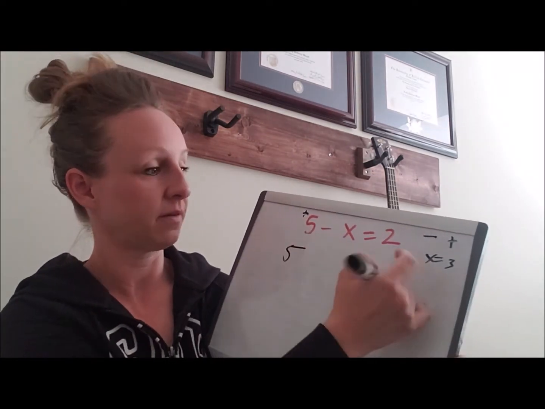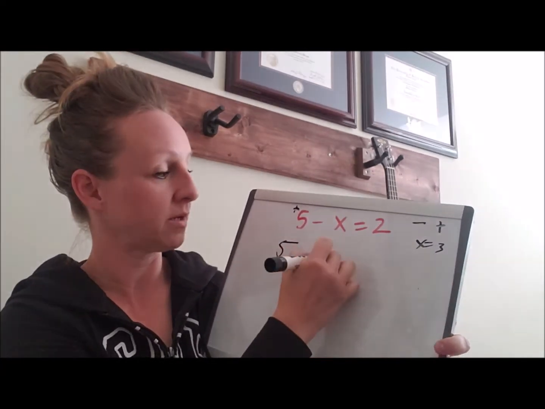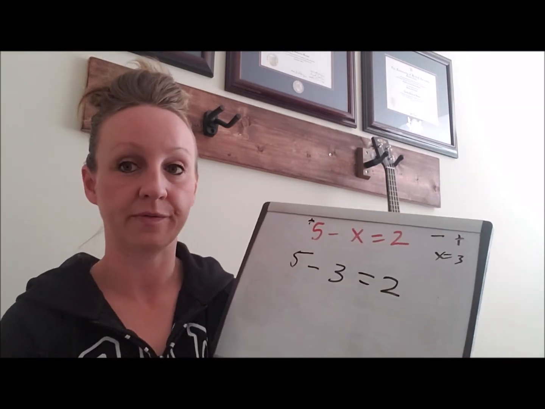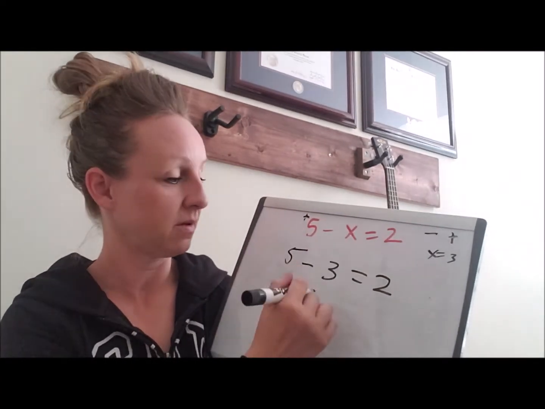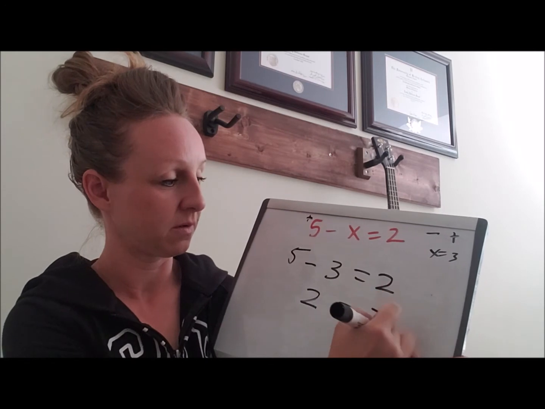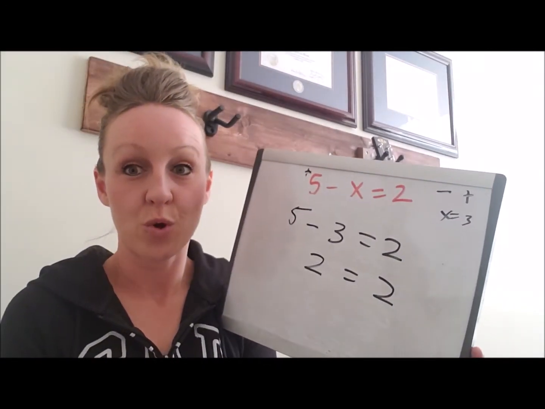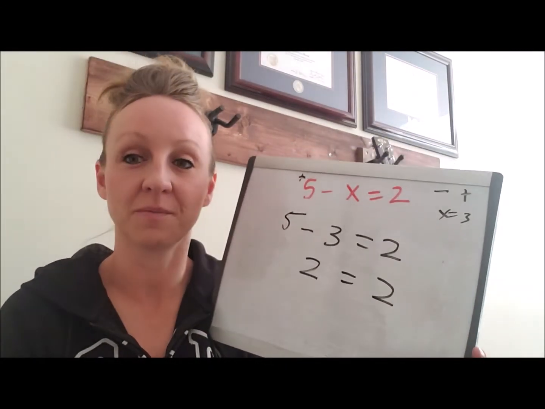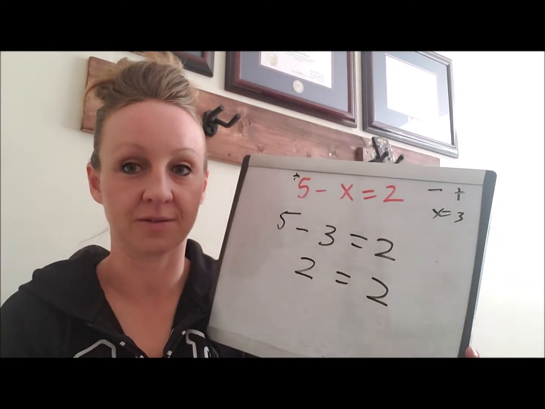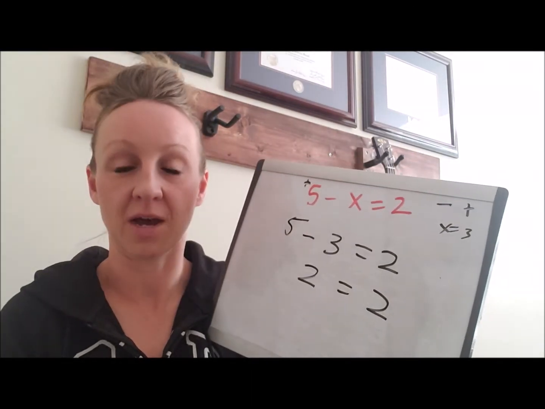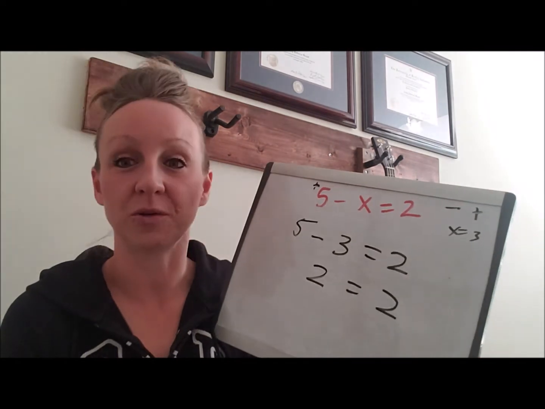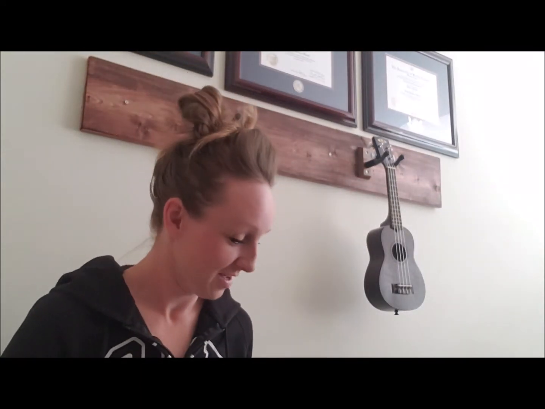So I have 5, saying x is 3, minus 3 equals 2. 5 take away 3 equals 2. 2 equals 2. I know that I am correct because my answer equals my answer. This is mind-blowing. Woo! All right, let's do something else.